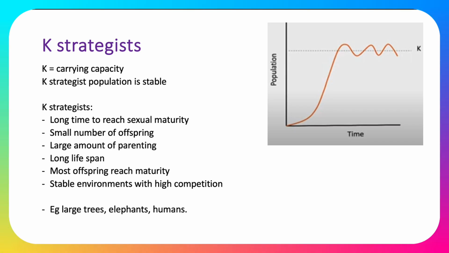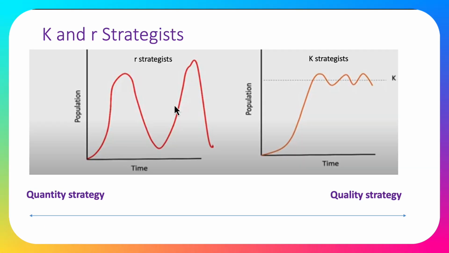They really invest in a small number of offspring and bring them through to maturity. So they're different strategies for different types of environments. And of course, we have everything in between as well. We have some organisms that are very much on the R strategist side and some that are very much on the K strategist side. But then we've got other species that are somewhere in the middle.